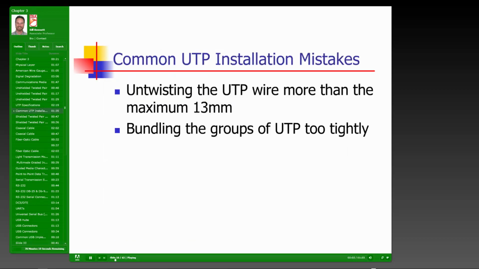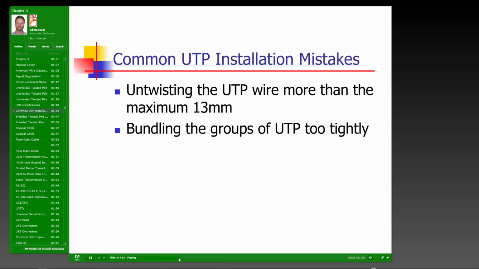Now, one of the things that you'll be doing in skills number 1 is you're going to build a patch cable. And so here's a couple of things to think about as far as common UTP installation mistakes. The main one, the first one here, will affect you as far as building your cable, and that's the untwisting of the UTP wire more than a maximum of 13 millimeters.